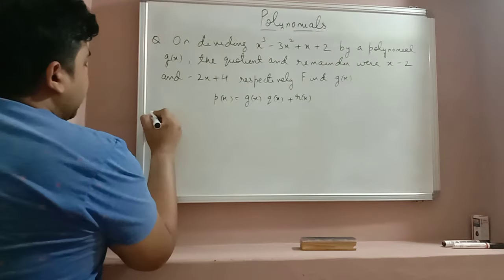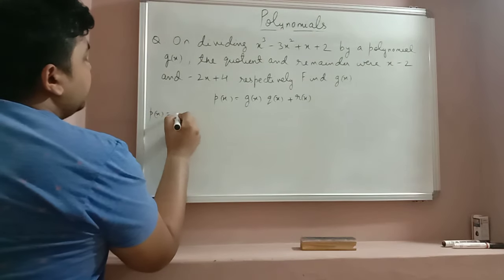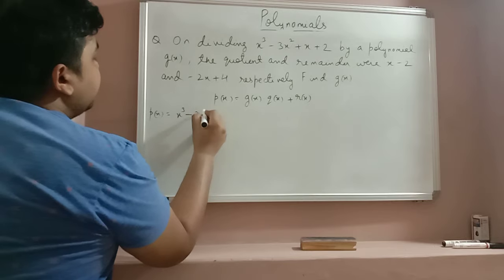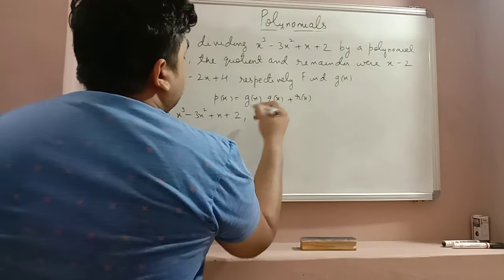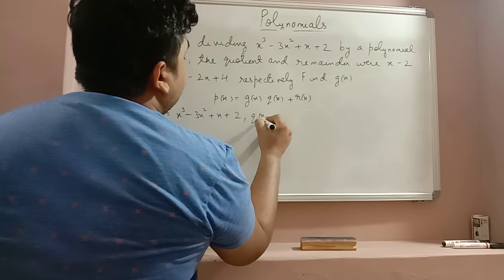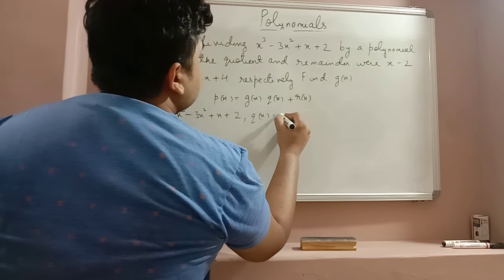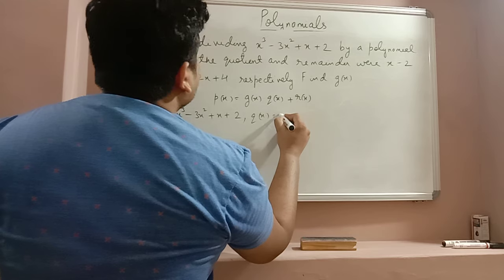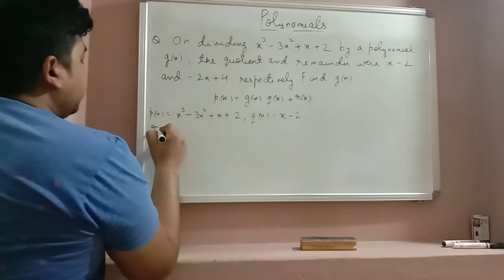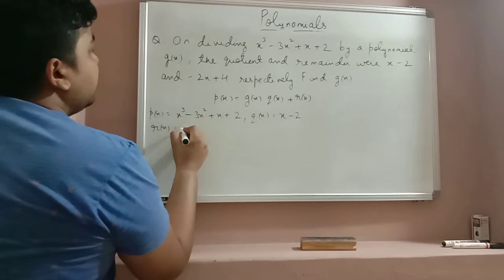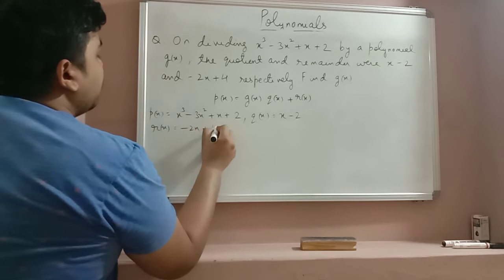Now here I have p of x equals to x cube minus 3x square plus x plus 2. G of x I need to find. Q of x is given as x minus 2 and r of x is given as minus 2x plus 4.